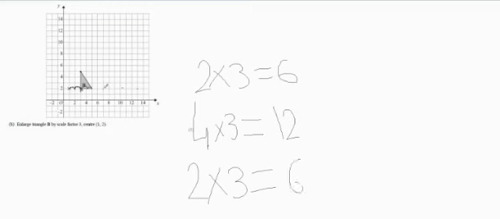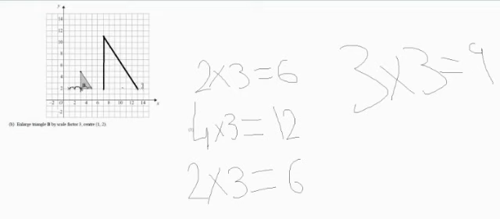So 6 squares, which is here, is 3 squares up. 3 multiplied by 3 is 9. So 9 squares up. Point will be here. Now let's join each point with the answer. Here's the answer.